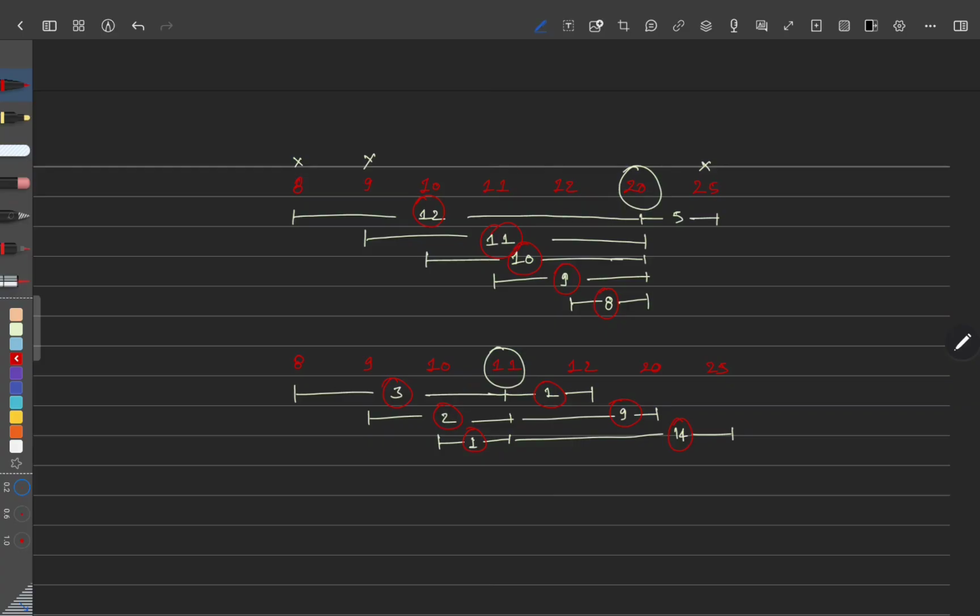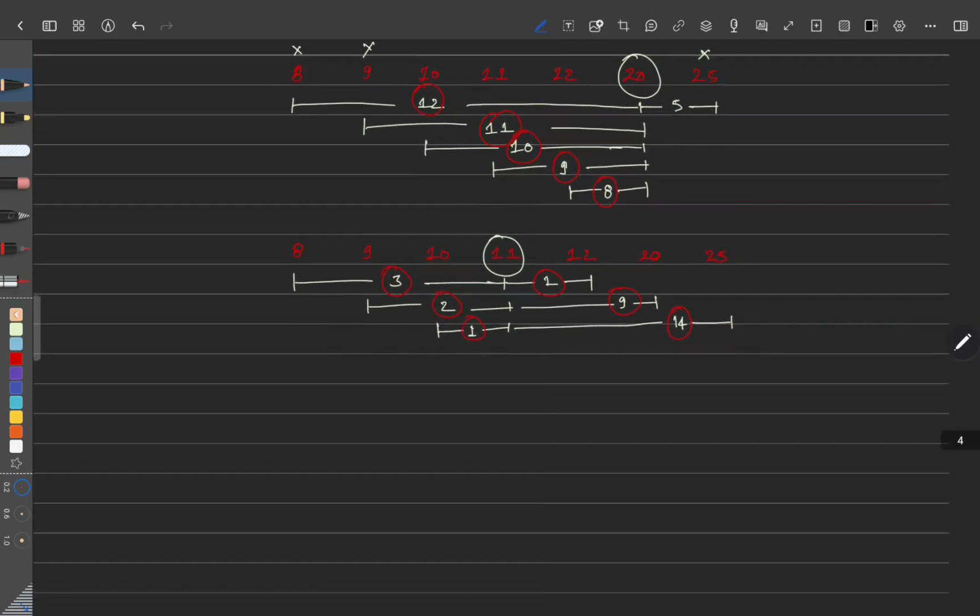Okay, so median gives us a number that is closer to all other numbers in the set. It will minimize the sum of absolute difference from all other numbers. So let me repeat.